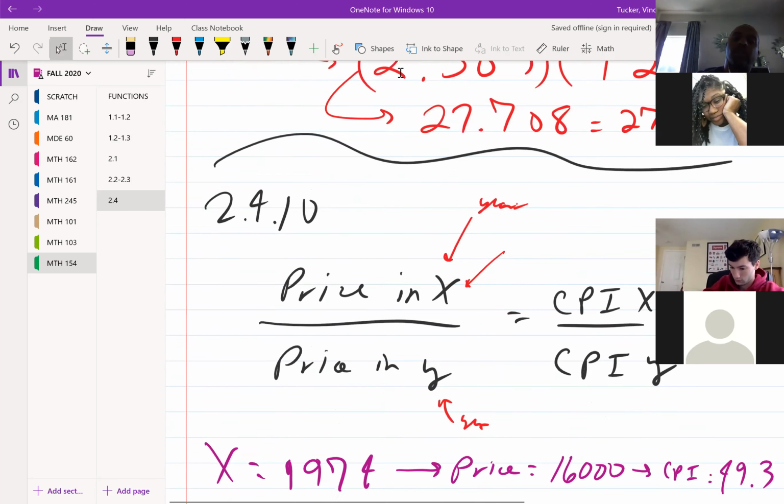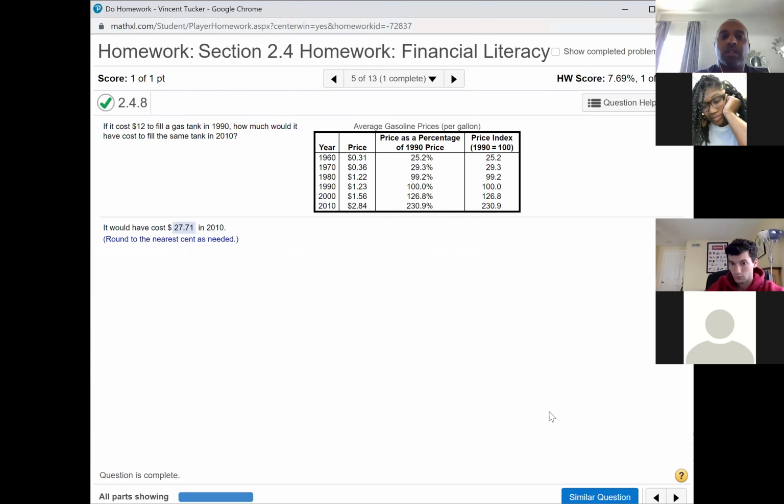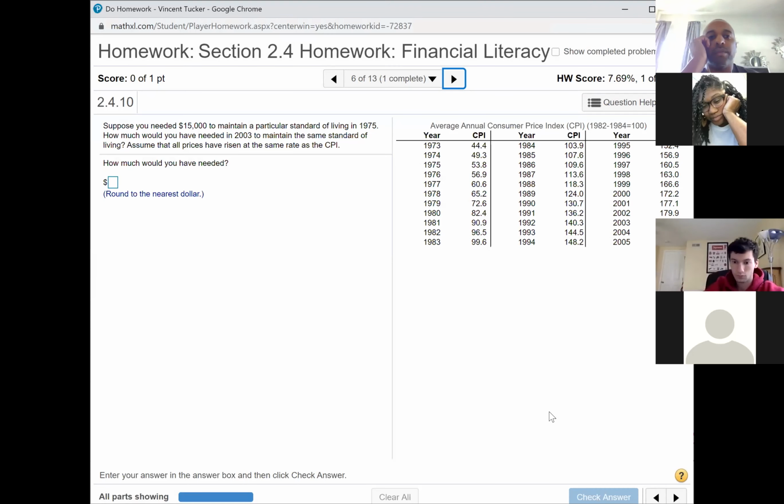All right. So let's look at 2.410. All right. Okay, here we go. So suppose you needed 15,000 to maintain a particular standard of living in 1975.